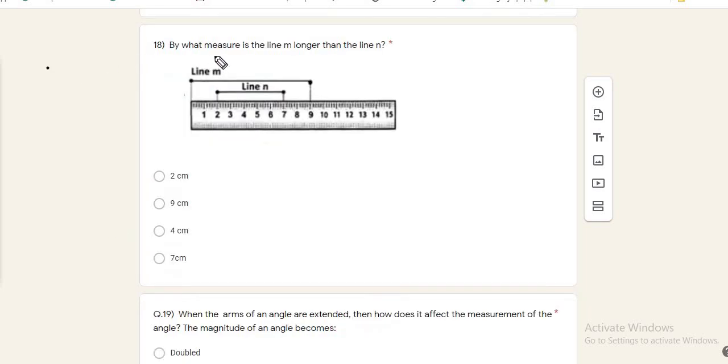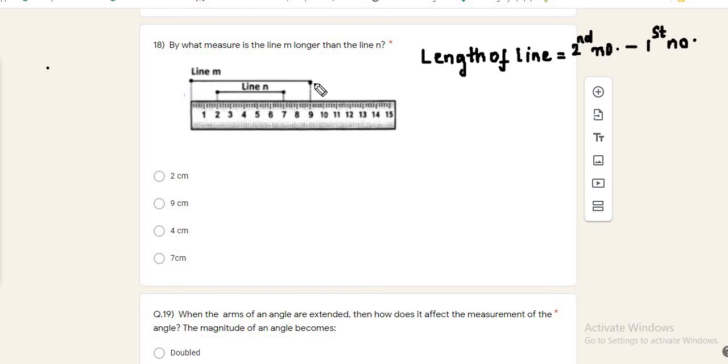Question 18. By what measure is the line M longer than the line N? Whenever we measure a line with the use of a scale, the length of the line is the second number on the scale minus the first number on the scale. When you look at line M, it starts from 0 and goes till 9.